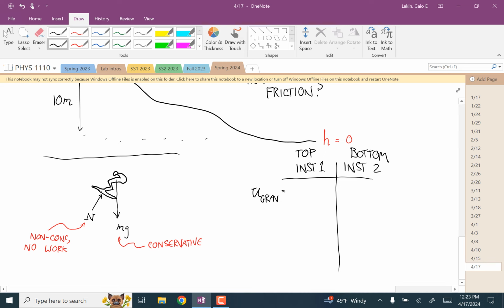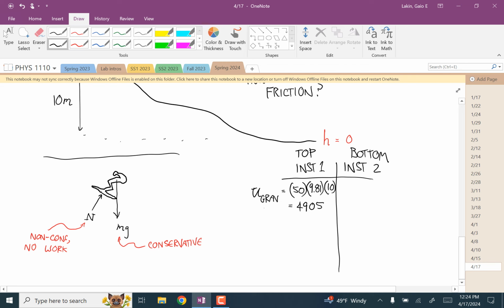So the gravitational potential energy at the top of the hill is the mass, 50 kilograms, times 9.81. And what's the height at instant 1? 10. And so this all comes out to be 4905.